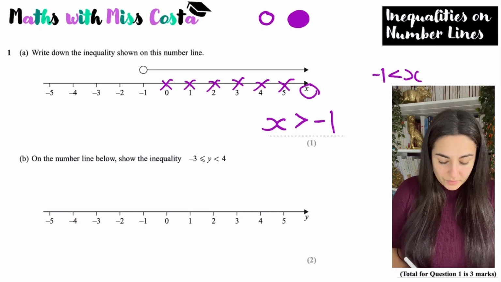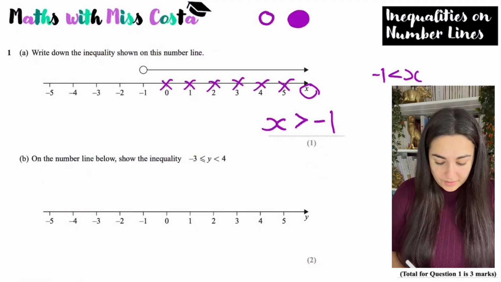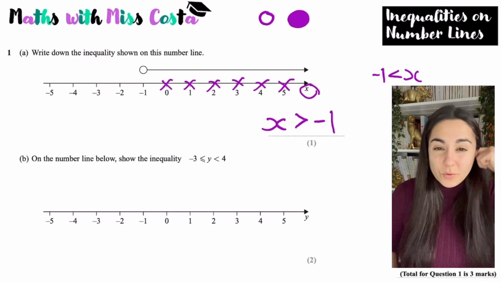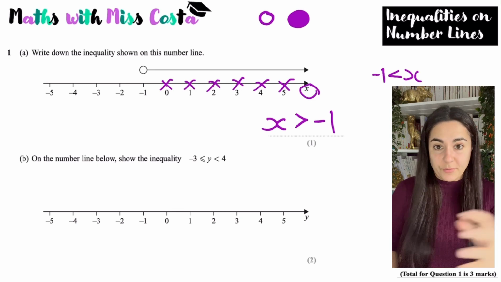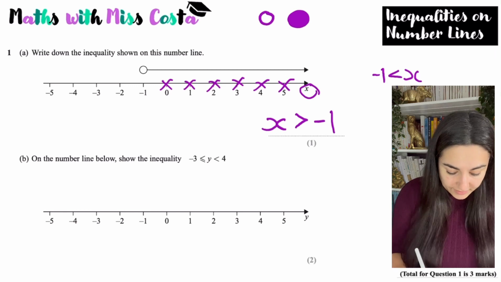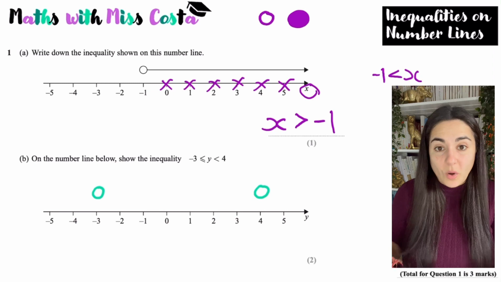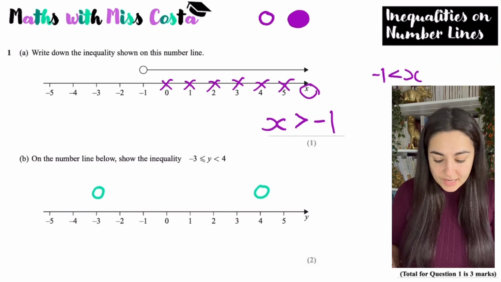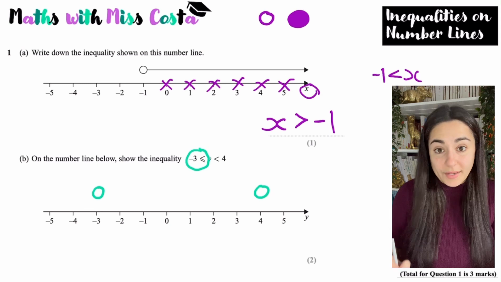And over here, we have to show the inequality. So with inequalities, all you do is you're like, okay, I know that y has to be between -3 and 4. So to start with, just draw a dot above -3 and 4, and you know that's what your value has to be between. Now, as you can see over here, it says -3 is less than or equal to.